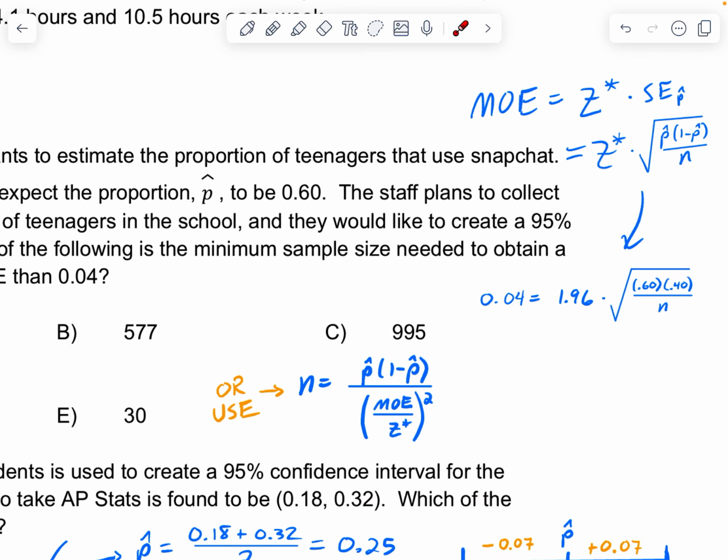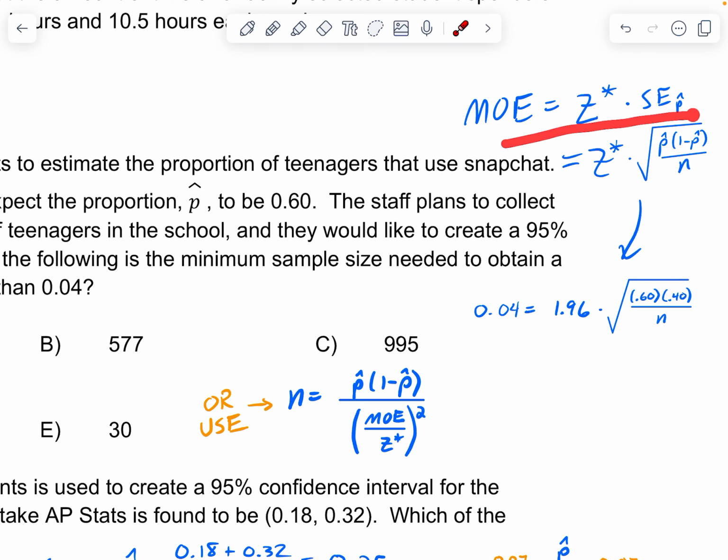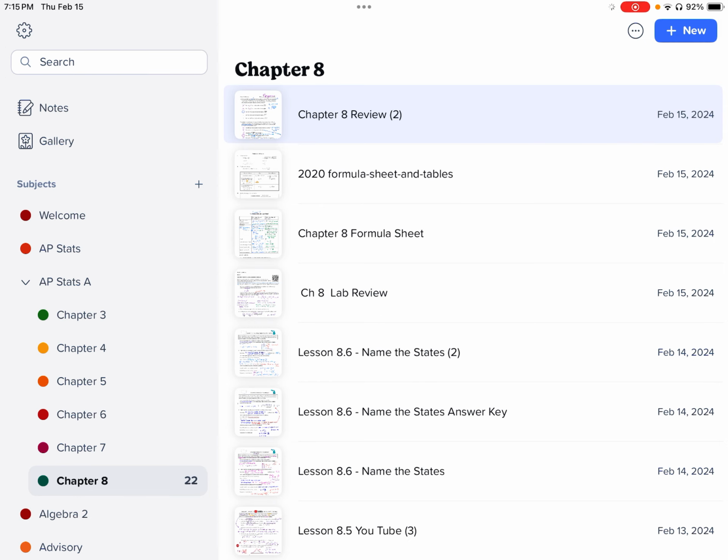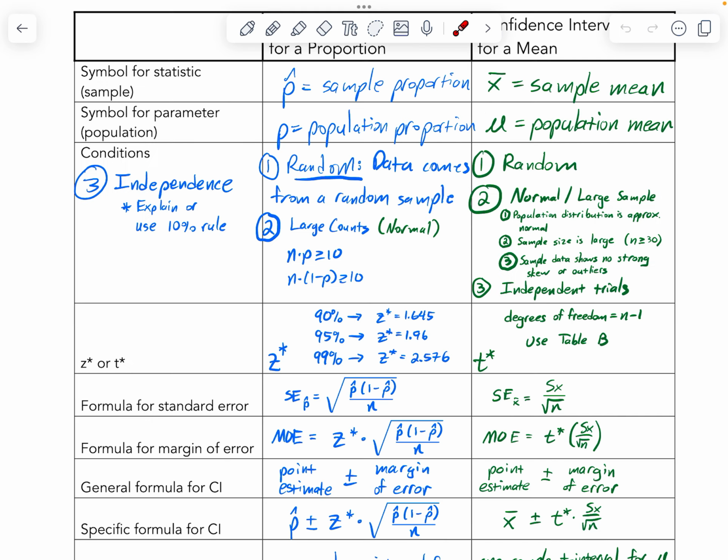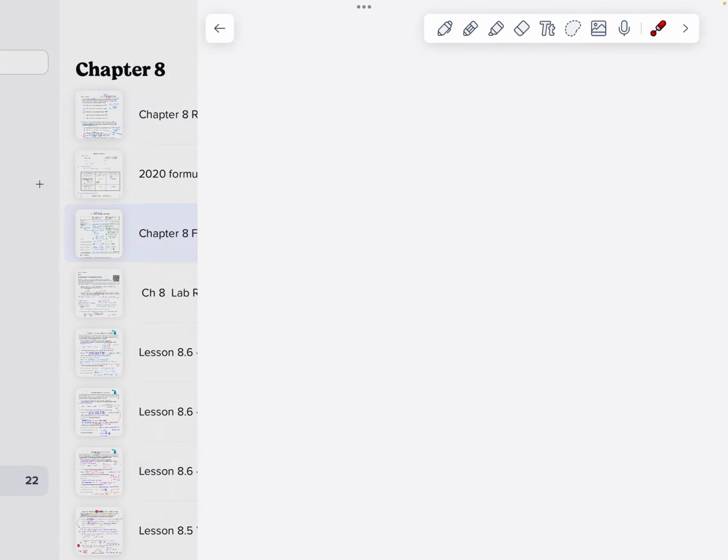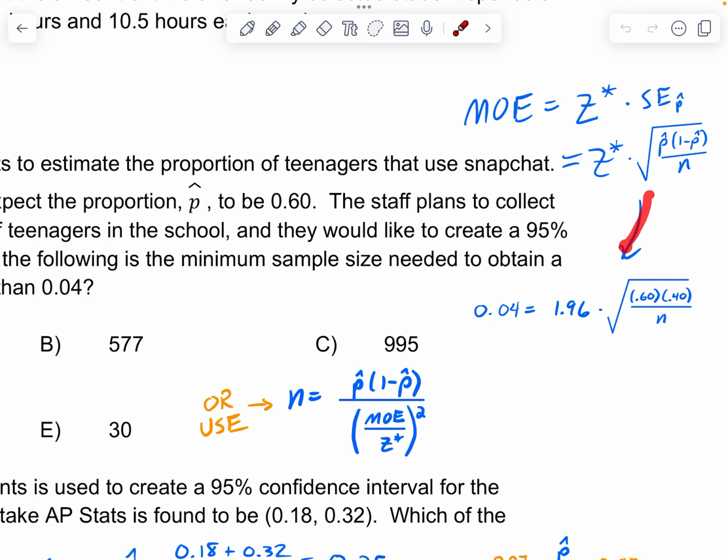So from your cheat sheet, here's your margin of error formula right here. Let me just point it out to you. It's right here, margin of error, because we're doing a proportion. And what have they given us? They have told us the z-star, sort of, 95%.